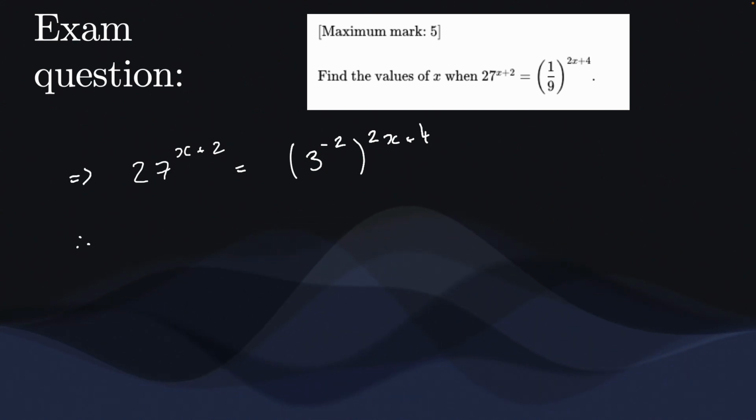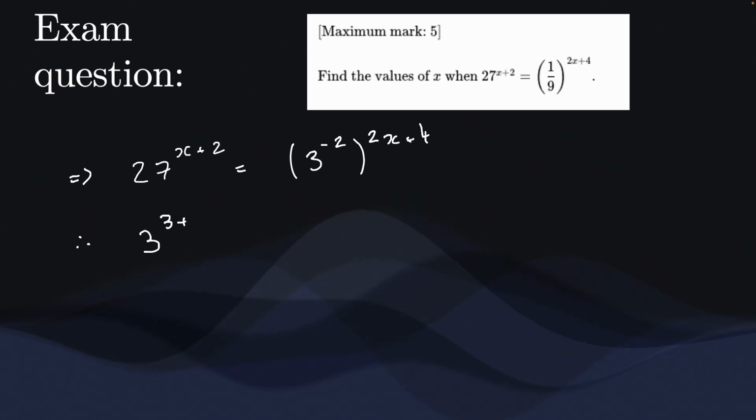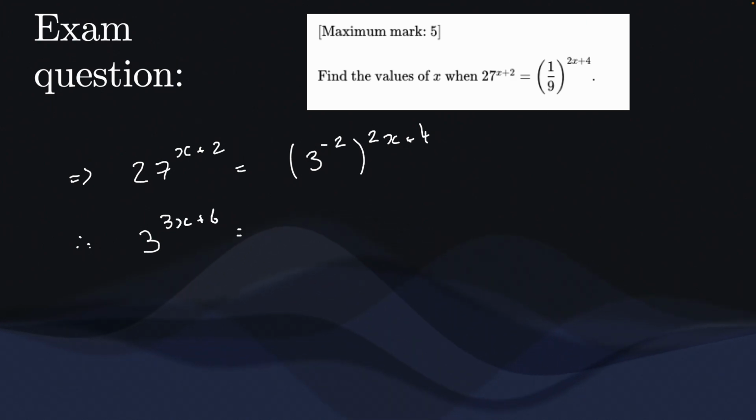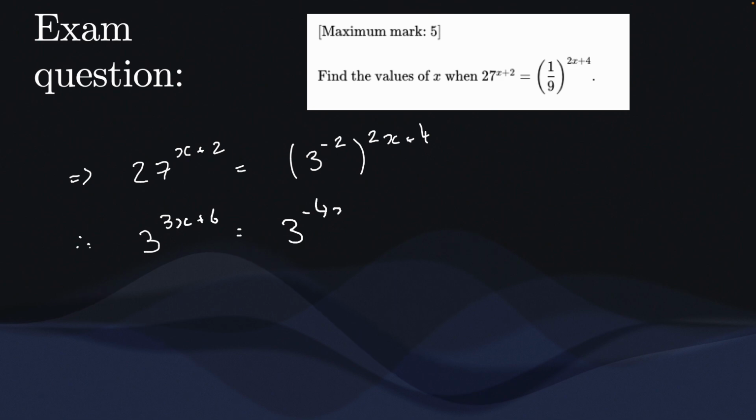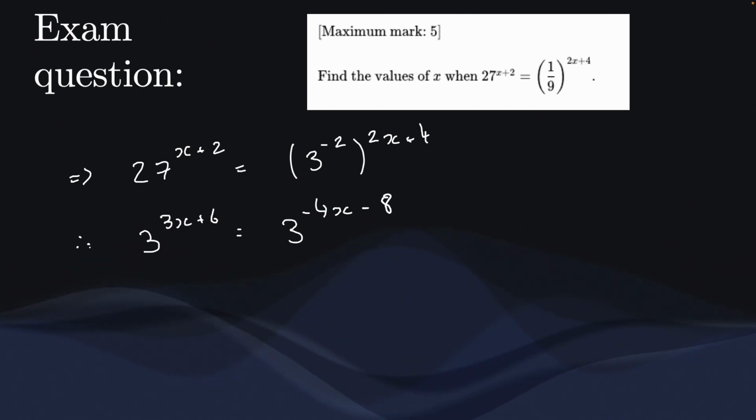Therefore, we can say that 3 to the 3x plus 6 is equal to 3 to the negative 2 times 2 is negative 4x plus, and then what's 2 times 4 is 8, so sorry, not plus, negative 8.